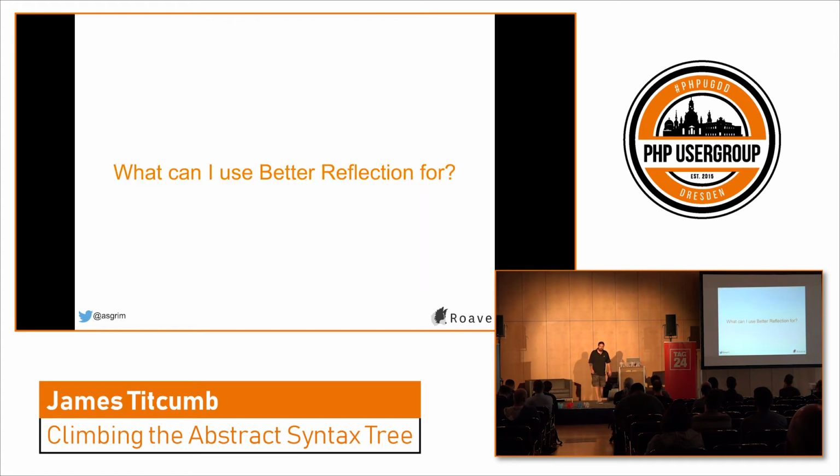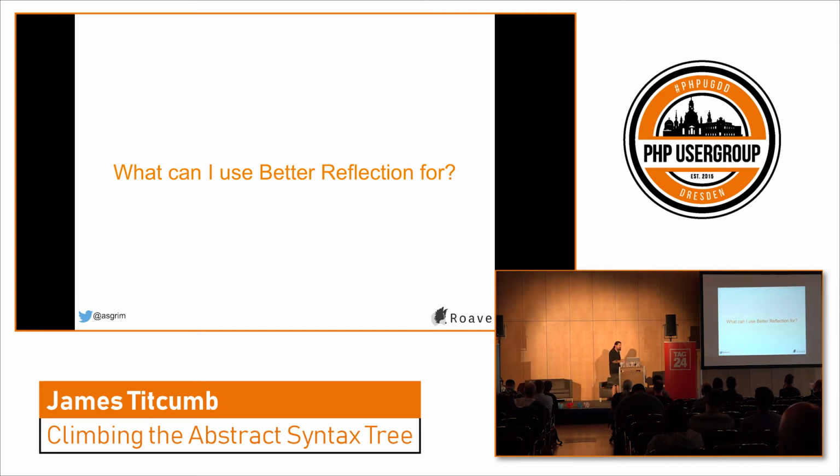So, okay, what can I use Better Reflection for? Well, everything you use normal reflection for, but if that's all you want to do, then just use PHP's reflection, right? So it's kind of a niche tool. But it means you can reflect on classes in files and strings and so on without loading them. That's a really big benefit. So it doesn't use the internal reflection API at all. That allows you to analyze things like doc blocks.